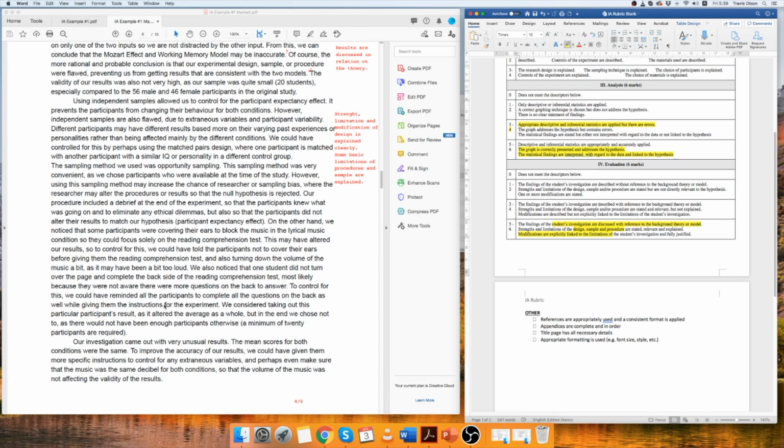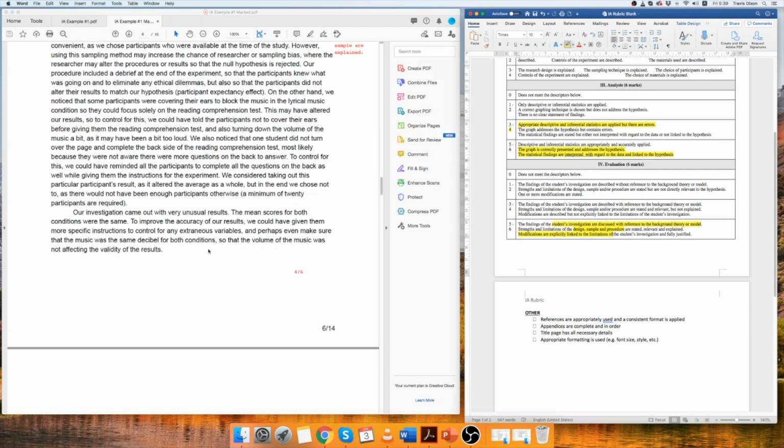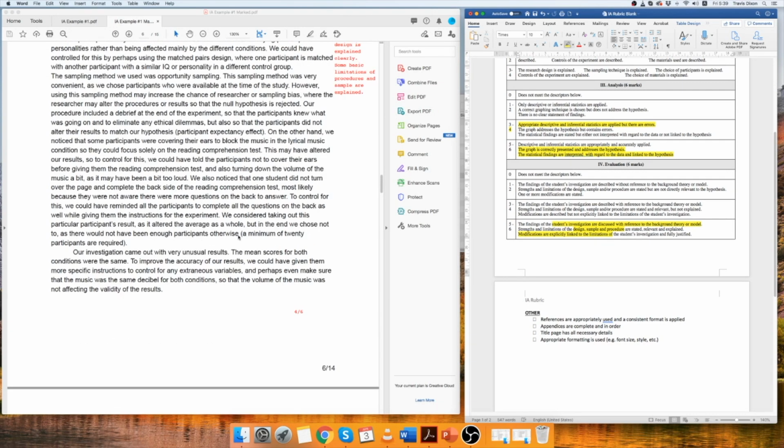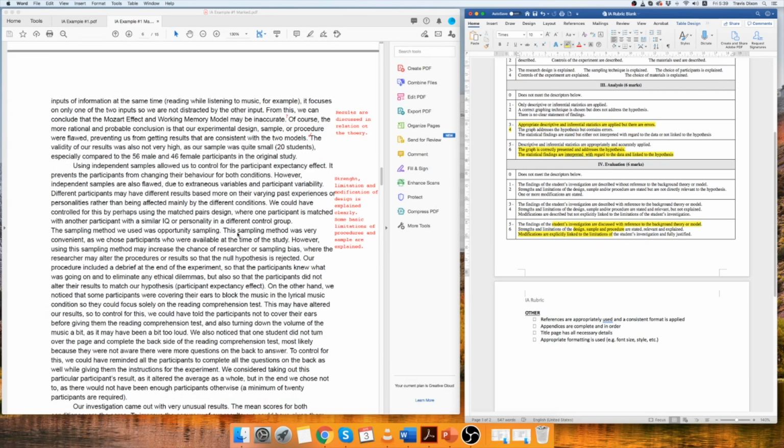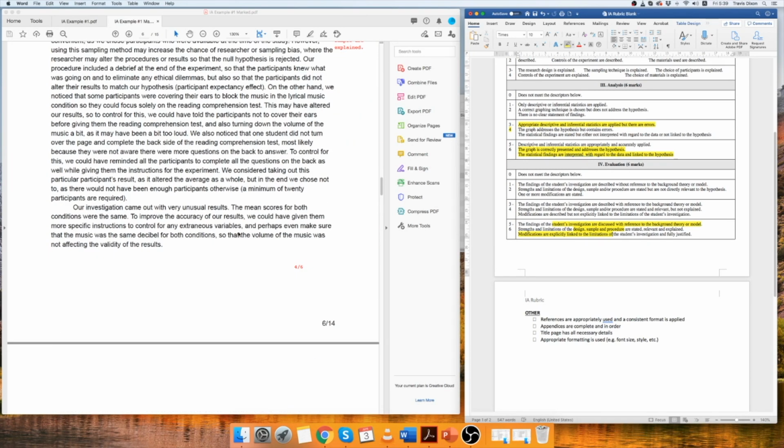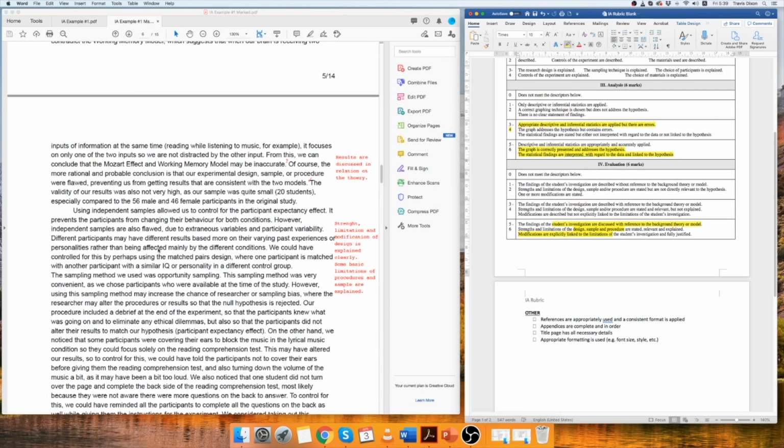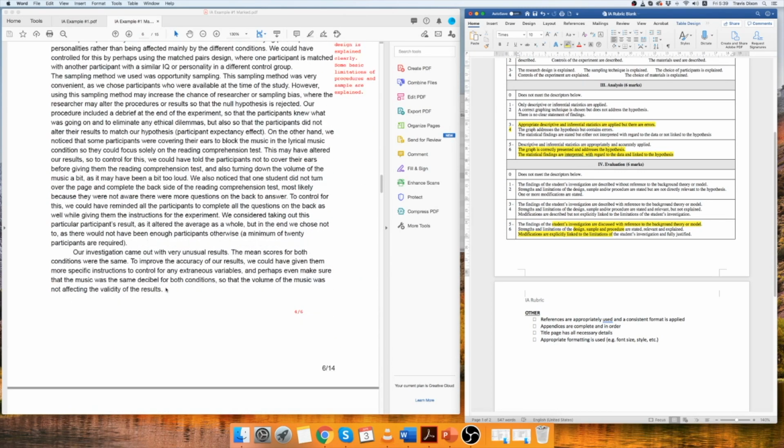Procedure, same thing. Or you could have strengths of design, sample, procedure, and then limitations of the design plus modification, limitation of sample plus modification. But I think structuring in the evaluation and structuring throughout using headings and subheadings is really useful, and this is something I try to hammer home to my students, although you can see here they didn't particularly follow it in this case. Anyway, okay, so we've got the references.